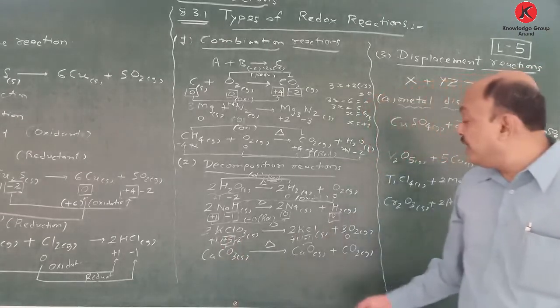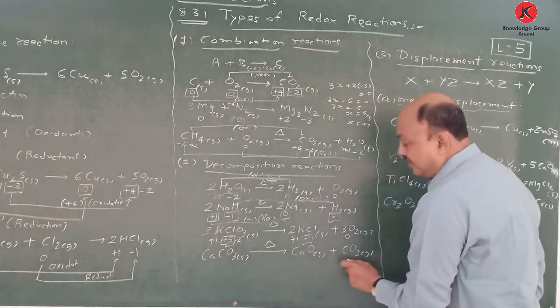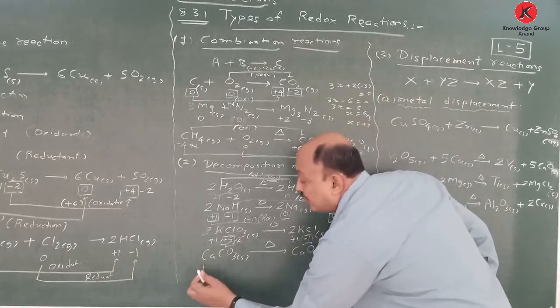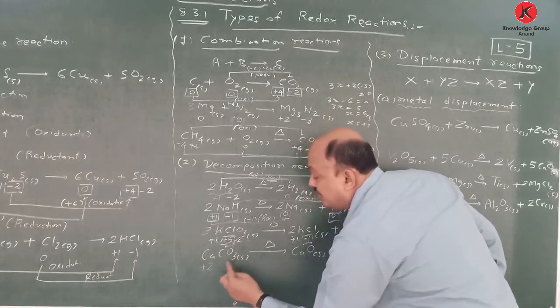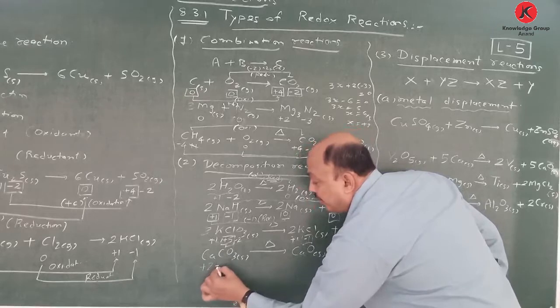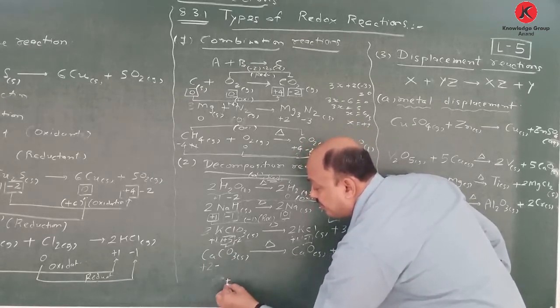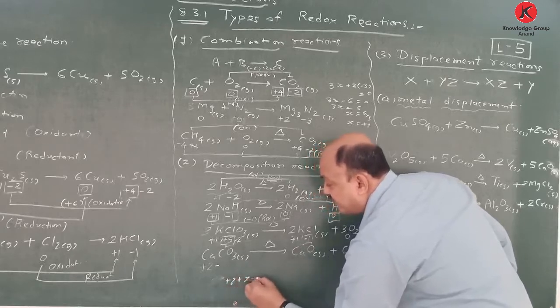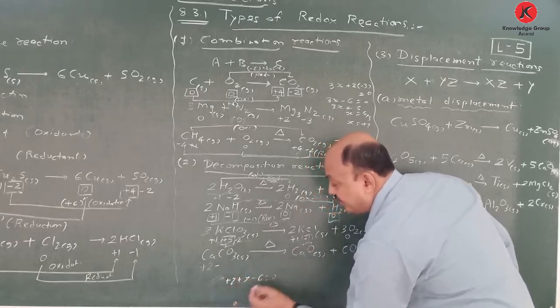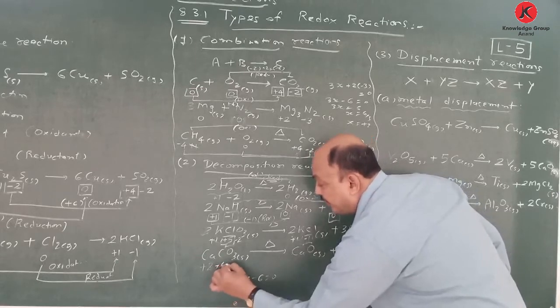But one more example is given. Calcium carbonate, when decomposed, is converted into CaO solid and CO2 gas. Calcium is plus 2, carbon is X, oxygen is minus 2. So X plus 2 plus 3 times minus 2, that is X minus 4, is equal to 0, so carbon is plus 4.